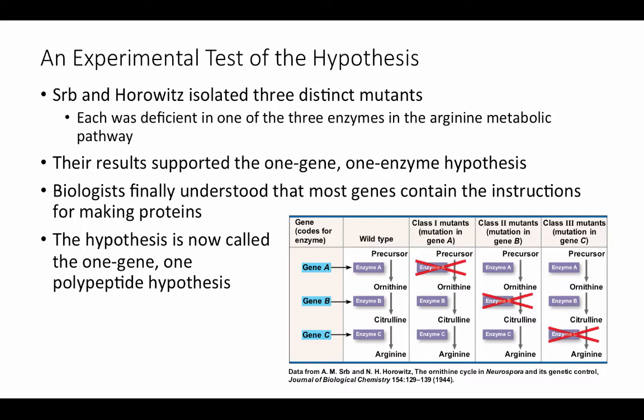Remember this idea of quaternary structure, where individual polypeptides come together to form a functional protein. Remember also that we only call it a protein when it has its correct functional shape. And so these proteins would only be proteins if each of those polypeptides are there. And so now we generally refer to this hypothesis as the one gene, one polypeptide hypothesis, but mostly we just refer to these polypeptides as proteins, which will eventually become either all of or part of a functional protein.